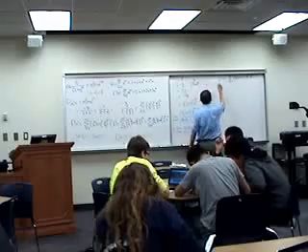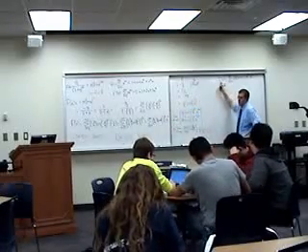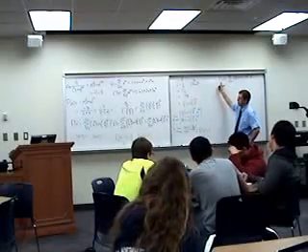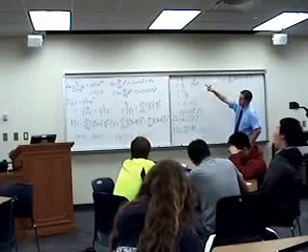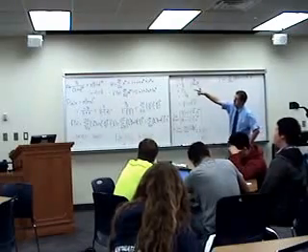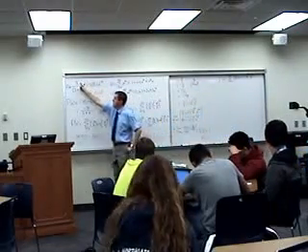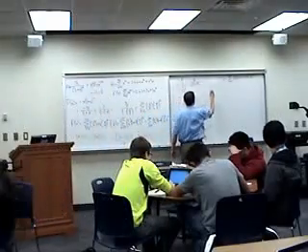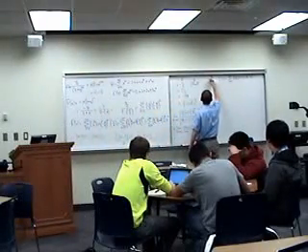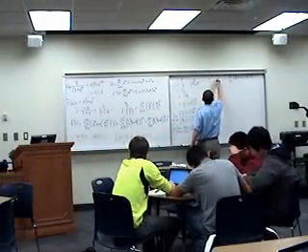Now, what you got to recognize is that what is f of x actually? The function that they gave us at the very beginning: 3 over 2 plus x squared.